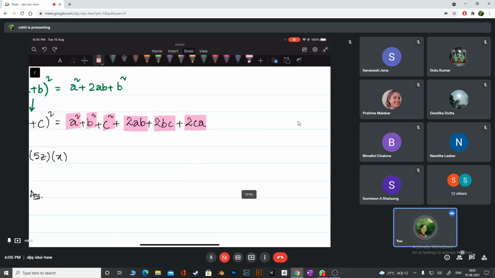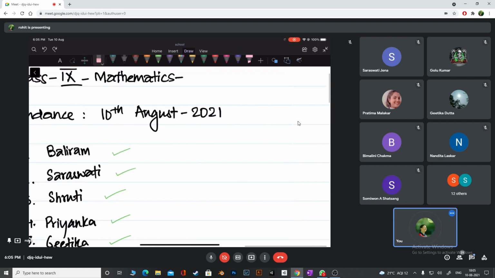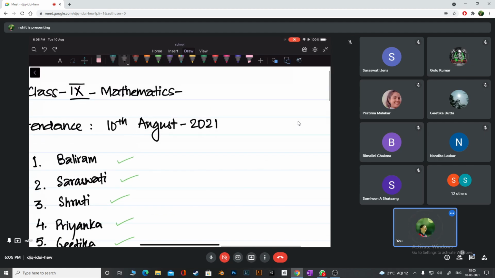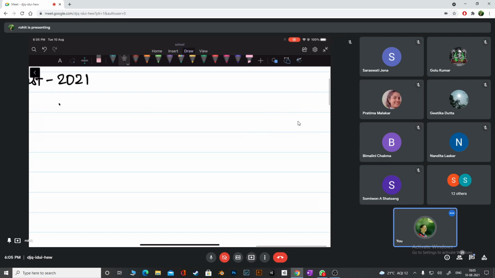Let me just show you here. Tell me, for which expression are we writing the formula? Our expression is A plus B plus C whole thing square. Tell me what is the identity for this.